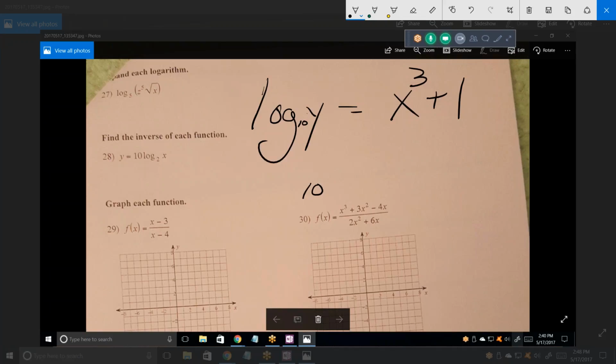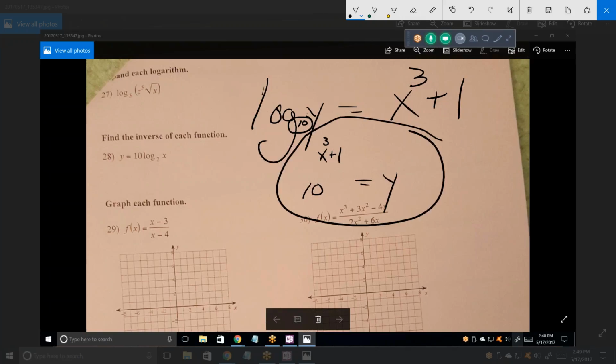I have no idea. Number on the far left, 10, raised to the power of the number on the far right, so x equals the number in the middle, equals y. Notice that's exactly what I got when I did it the other way. Only this is really a lot easier. In other words, all I have to do is put it into exponential format.